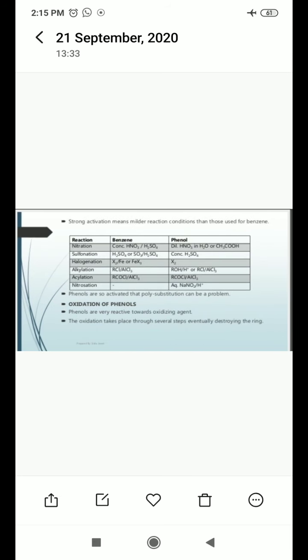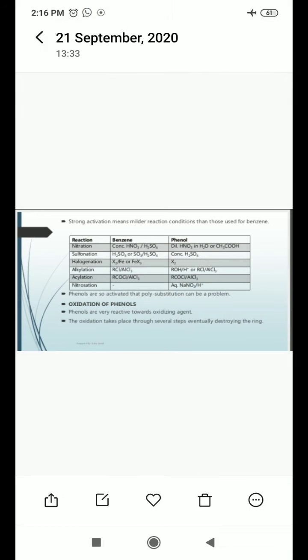Strong activation means milder reaction conditions than those used for benzene. Here, reactions of benzene and phenol. Nitration: for nitration of benzene we use concentrated HNO3 and H2SO4 mixture, which we used earlier for the nitration of benzene ring.